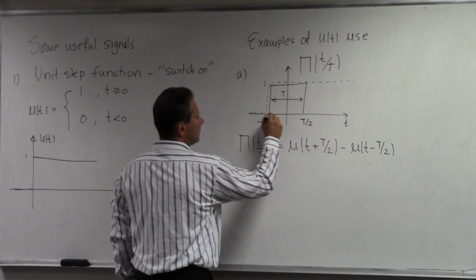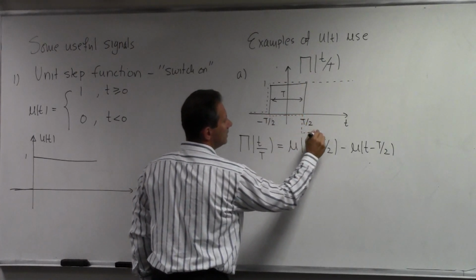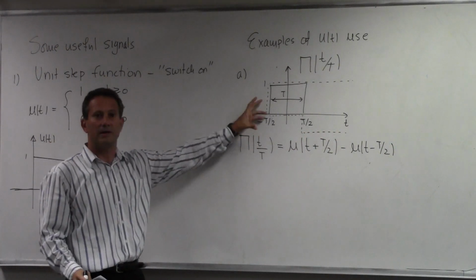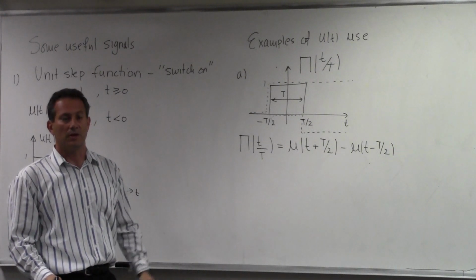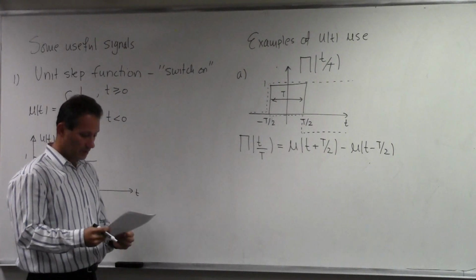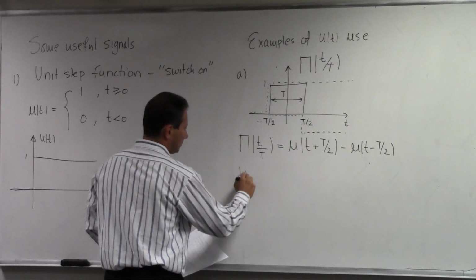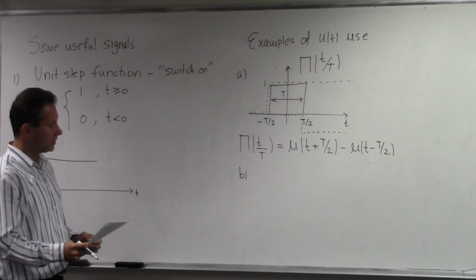The other one is the step function that is negative, delayed, and looks like this. So take the first one and the second one, add them together, and you get this pulse that is centered at the origin and has a width of T. The importance of this pulse is very big.